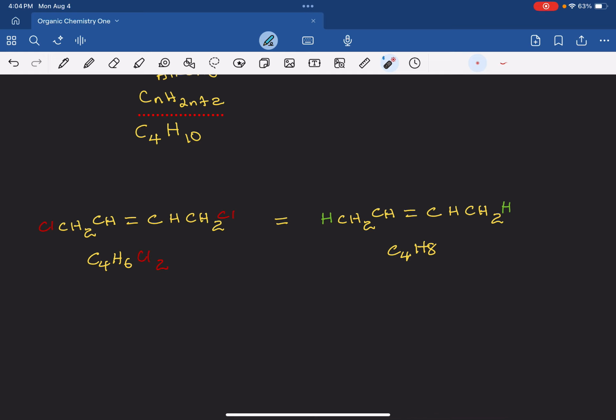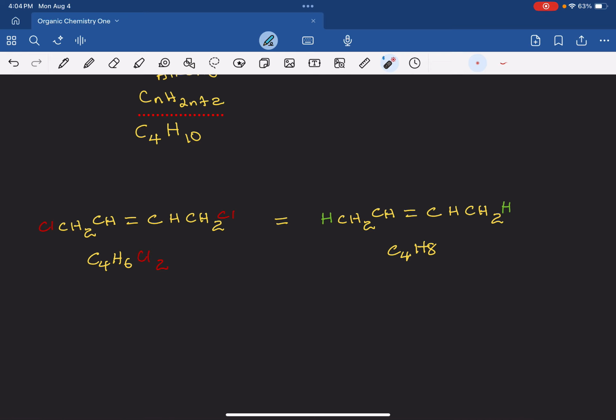So if you realize what is happening here, there's only 1 degree of unsaturation, and that is correct in both molecules. When we introduce chlorine into C4H8, the chlorines take the place of the two green hydrogens. Here are the chlorines.